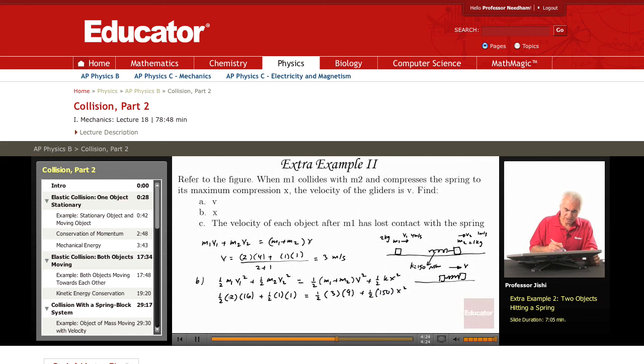So this is 16 plus half, here I have minus 27 over 2, is 75 x squared. This is 16, so this is 3 is 75 x squared. So x squared is 3 over 75, that's 1 over 25. This means that x is 1 over 5 meters. So it's 0.2 meters. So the spring will be compressed 0.2 meters.